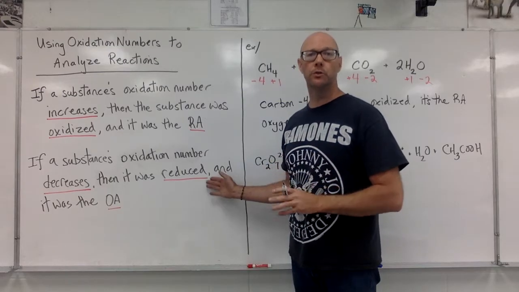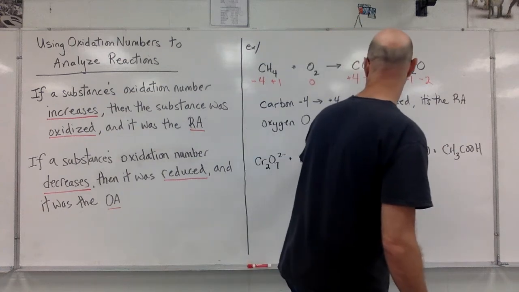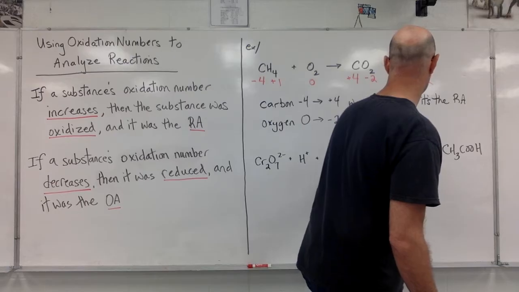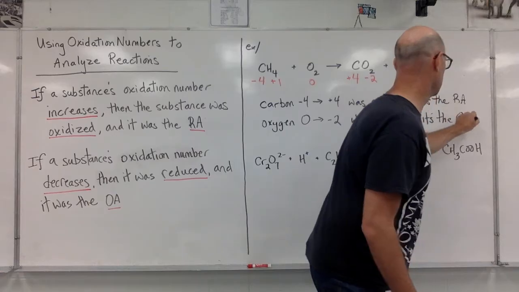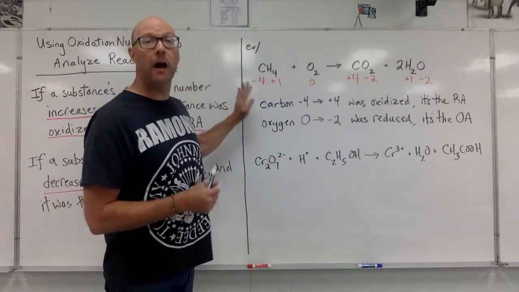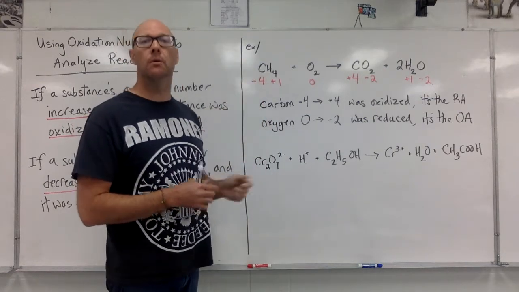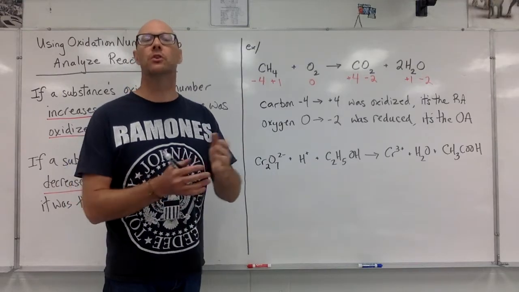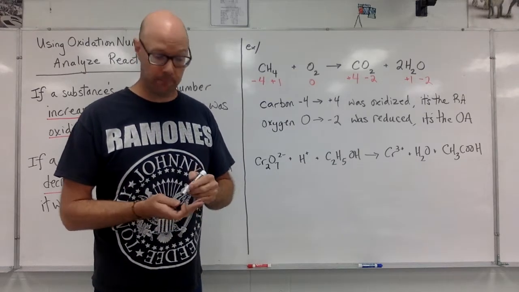Oxygen here got reduced, and it was the oxidizing agent. Finally, because we did have oxidation and reduction happening in the same reaction, we could classify this combustion as a redox reaction. Let's go through this whole process in a second example.